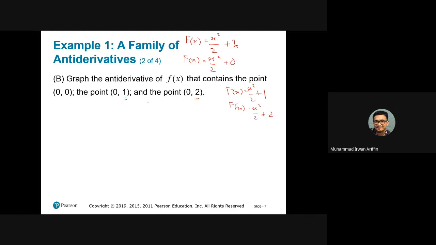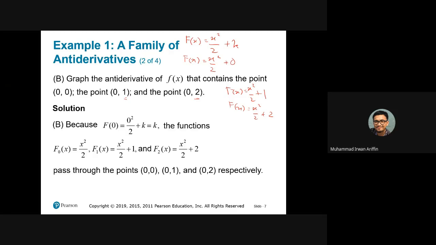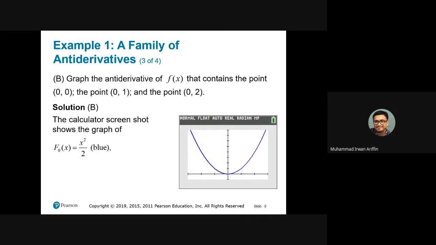These are all the y-intercepts. If we were to graph this, this would be the graph that passes through (0, 0). The red one would be the one that passes through 1, because the y-intercept here would be 1. This is 0, and then the black graph would be 2 here.